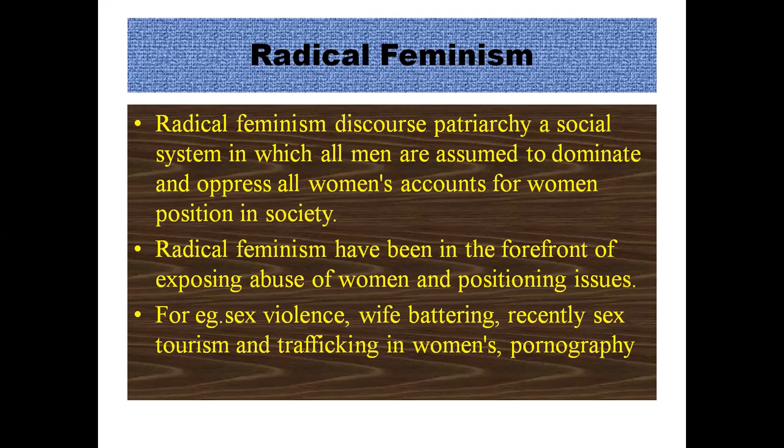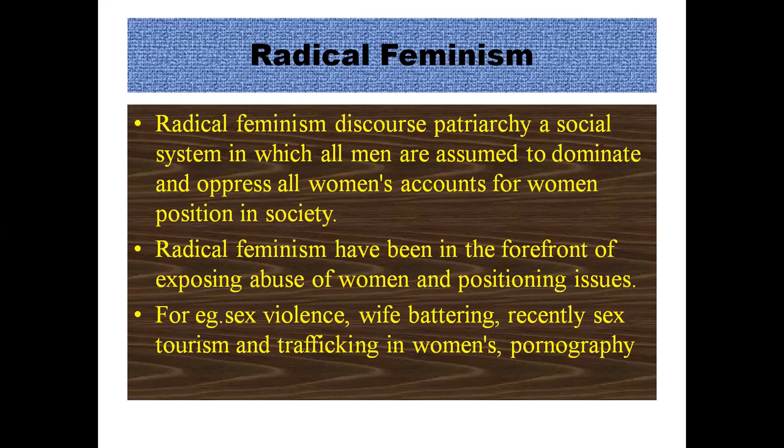Radical feminism views patriarchy as dividing rights, privileges, and power primarily by sex, resulting in the oppression of women and the privileging of men. Radical feminism opposes existing political and social organization in general, but it is inherently tied to the patriarchy.